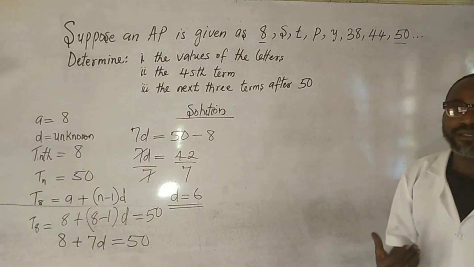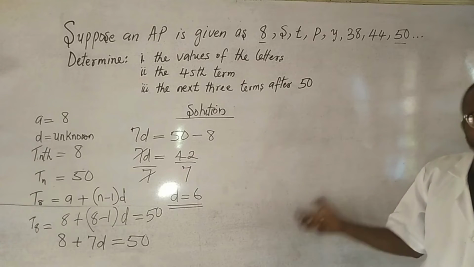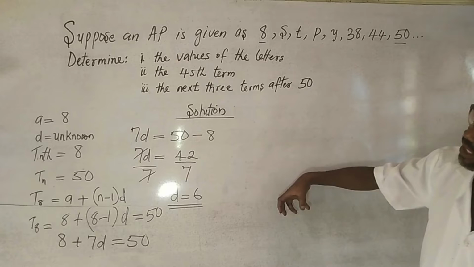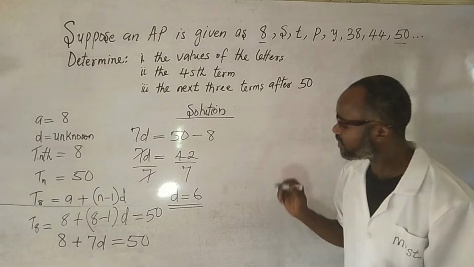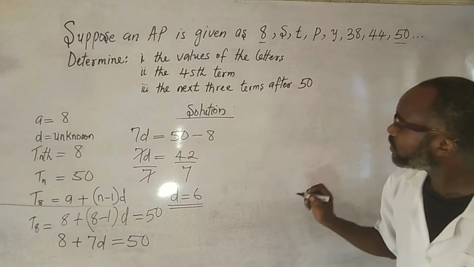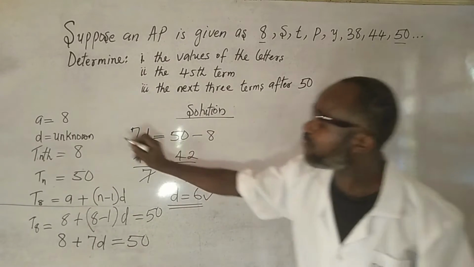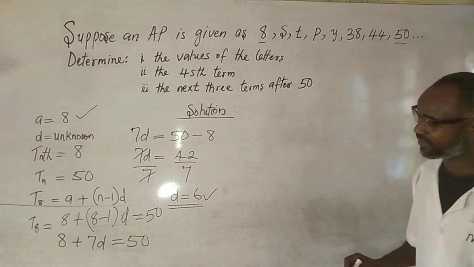But the learning process is not incorporated. And that's the most important thing here. Let's incorporate the learning process. We have found that our common difference is 6. The first term is 8. We cannot find the remaining ones yet.